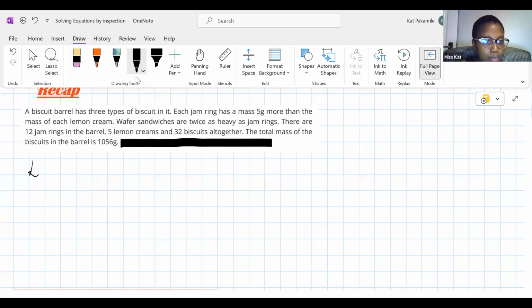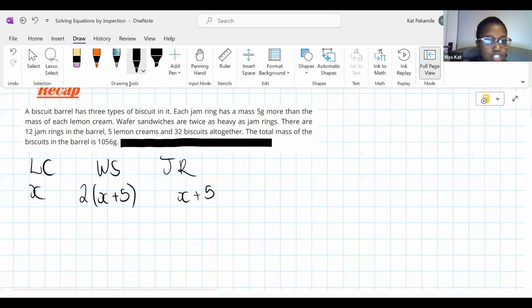I'm going to write LC for lemon creams, wafer sandwiches, and jam rings. So if lemon creams are x, then jam rings have to be x plus 5, and wafer biscuits are twice as heavy, so they're 2 times x plus 5.